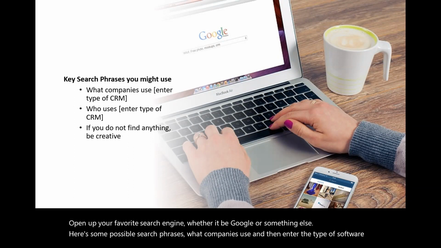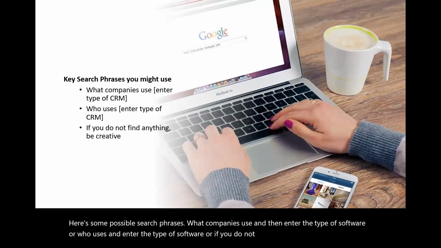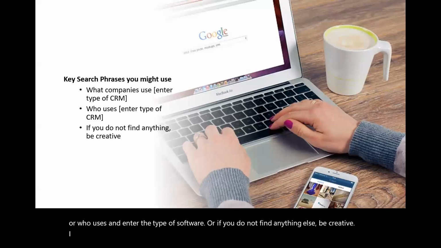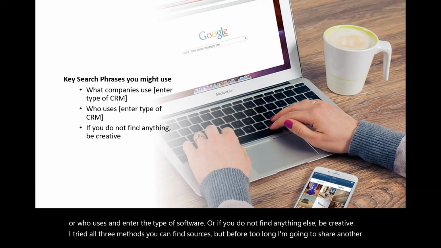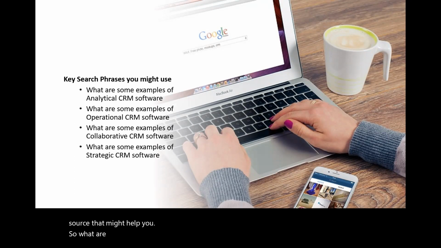Or who uses, and enter the type of software. Or if you do not find anything else, be creative. I tried all 3 methods. You can find sources. But before too long, I'm going to share another source that might help you. What are some examples of analytical?